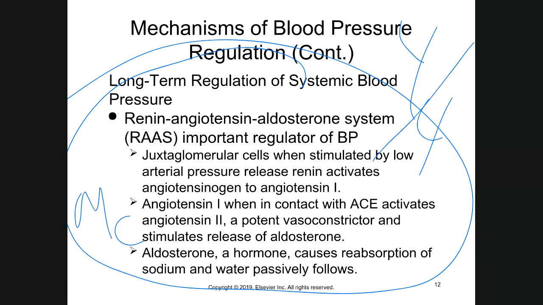Remember that these particular cells are located in the kidney. And these particular cells will basically respond to low blood pressure. And that is basically what will create the conversion that I mentioned in the class from angiotensin 1 to angiotensin 2. The reason that we use ACE inhibitors in cardiology is to avoid that transformation over there.